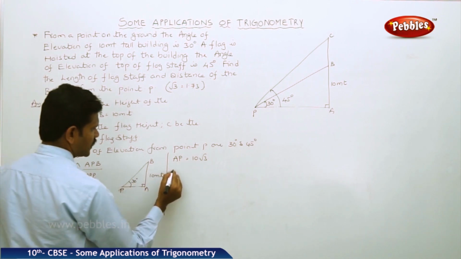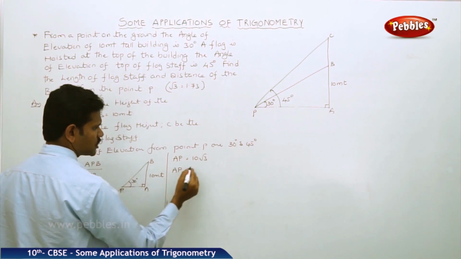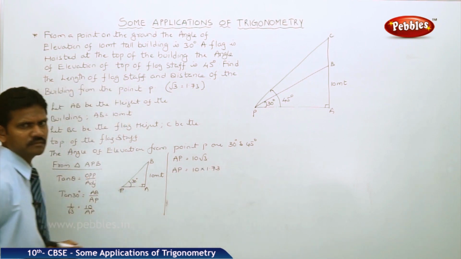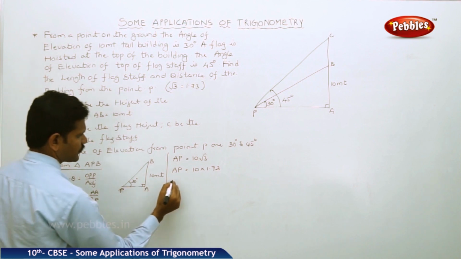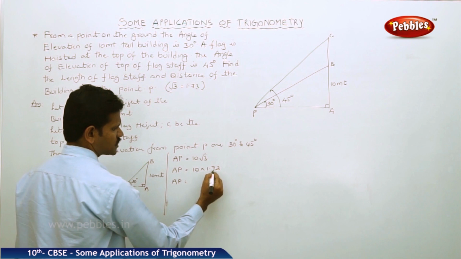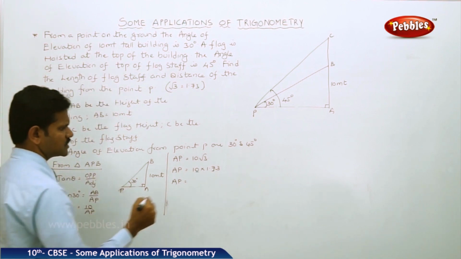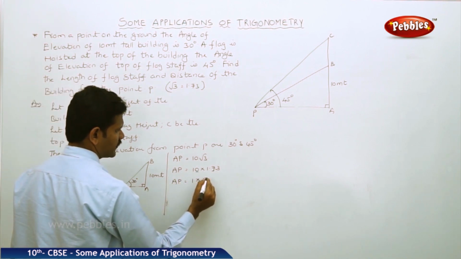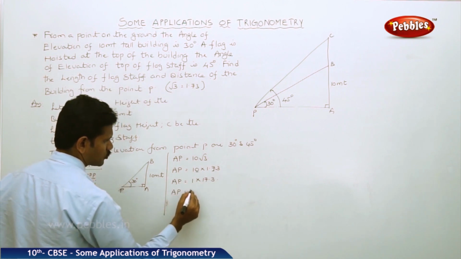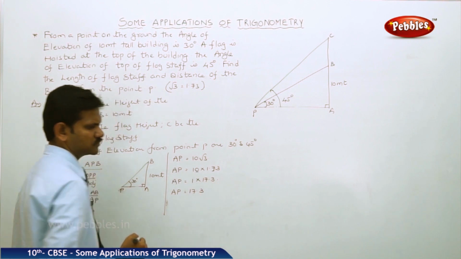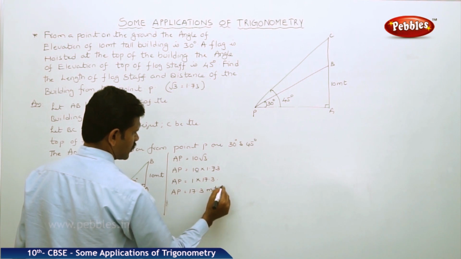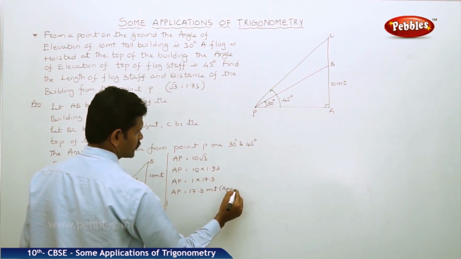Now AP is equal to 10 into 1.73, that is AP is equal to 17.3 meters, and it is an approximate value.